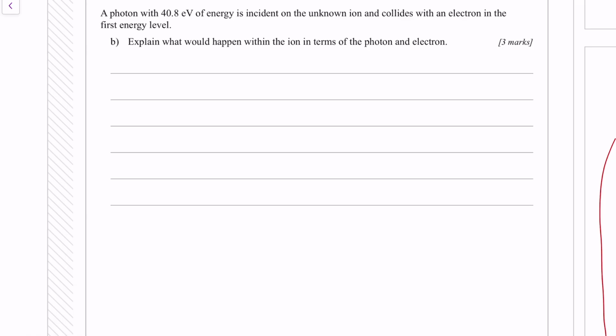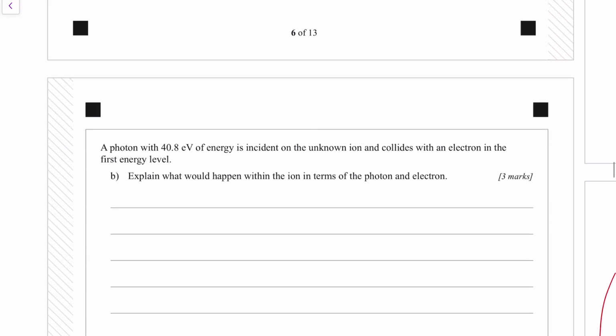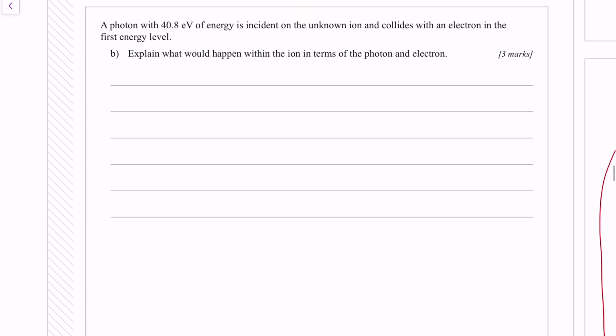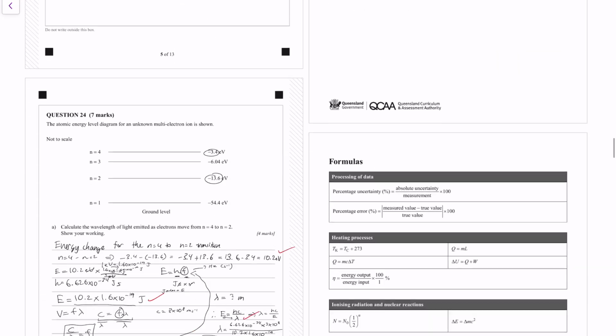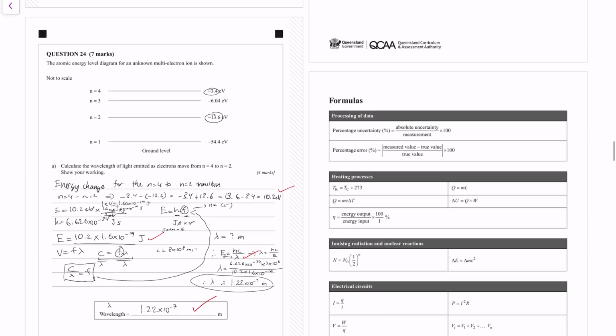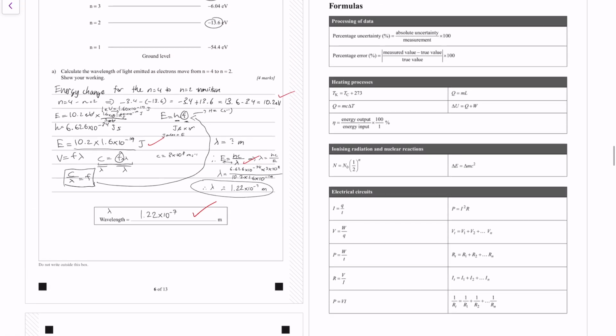Let's see this one. A photon with 40.8 eV of energy is incident on the unknown ion and collides with an electron in the first energy level. Explain what would happen within the ion in terms of the photon and electron. Okay, so let's see here.